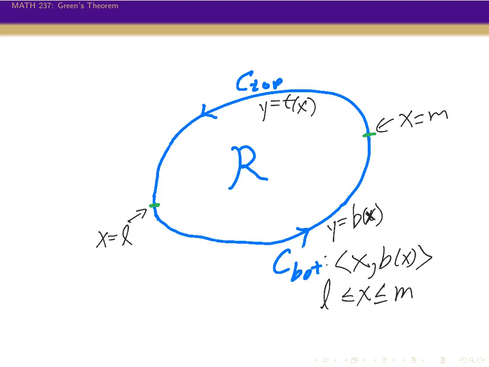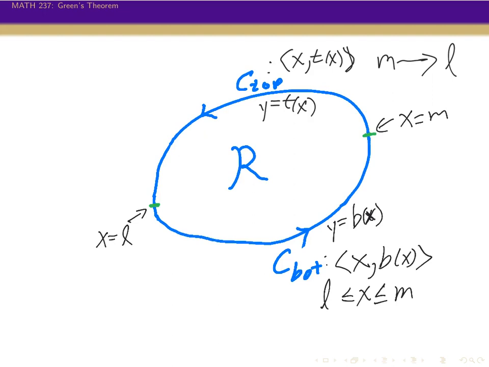On the other hand, for the top curve, we're going from m back to L, and so we can parameterize this similarly as x comma t of x, but now our bounds are backwards. We're starting with the bigger one, starting at m and then going back to L. I don't want to put less than or equal to because that's not going to make sense, because m is supposed to be bigger than L.